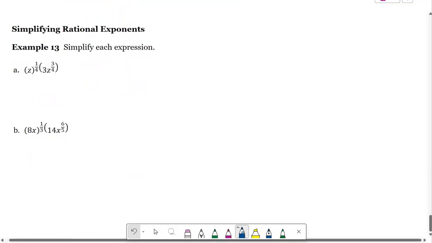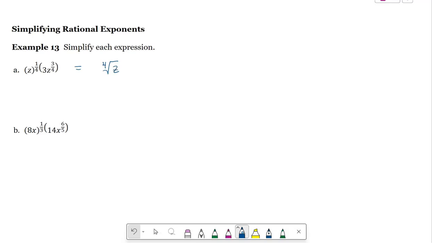For example 13, we're now going to simplify, in this case, products that have rational exponents. Rewriting example A, I can rewrite this as the 4th root of z, and then that's being multiplied by 3 times the 4th root of z cubed.